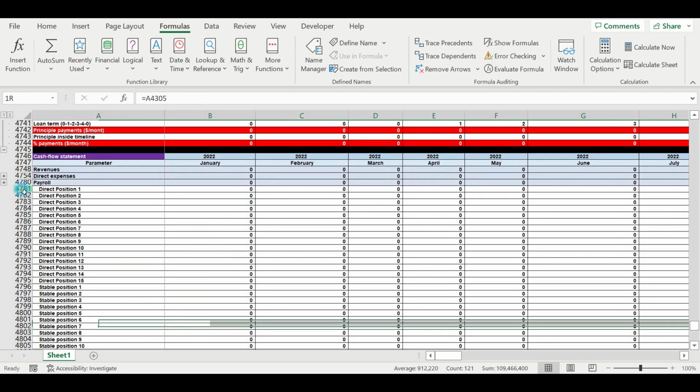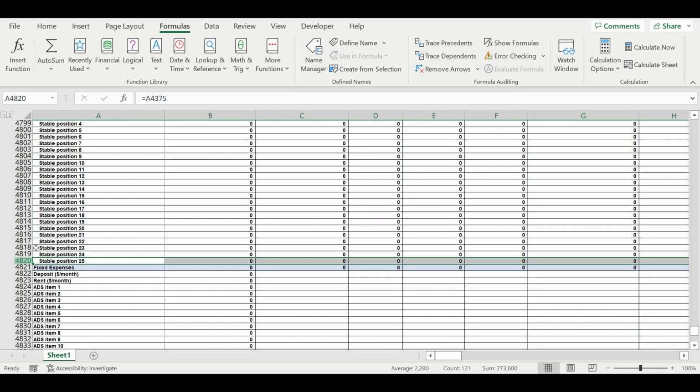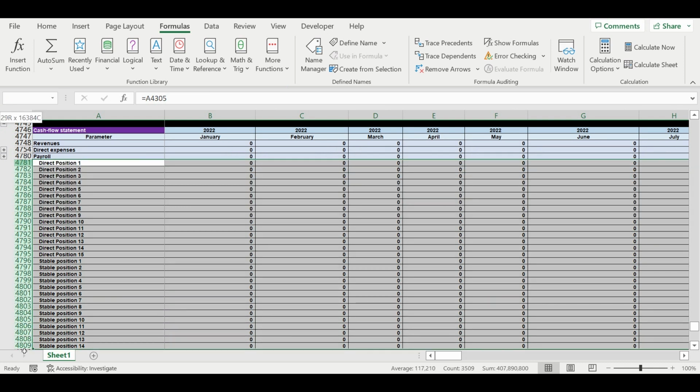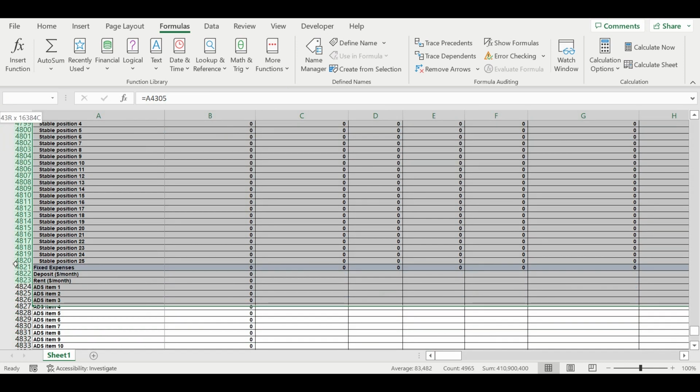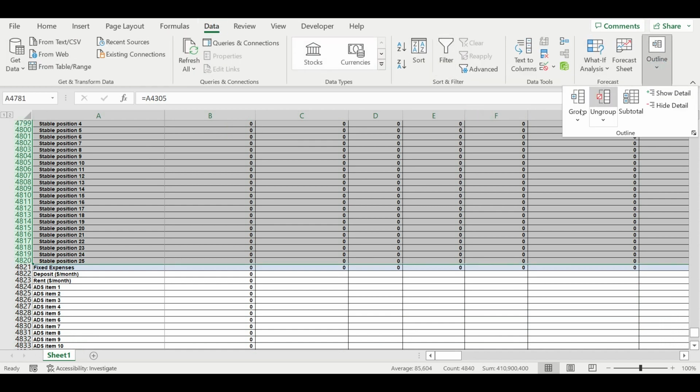So we will group these expenses. Data, Group.